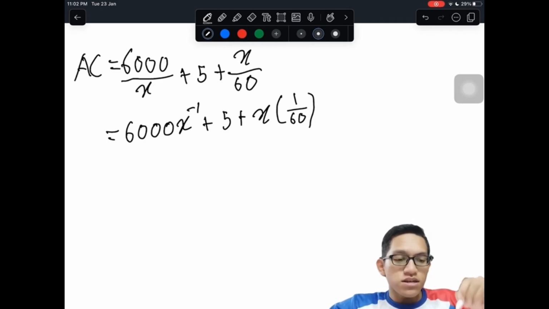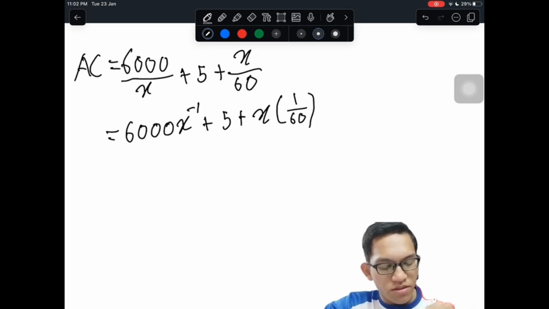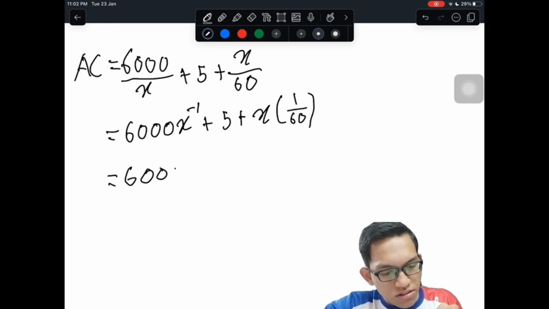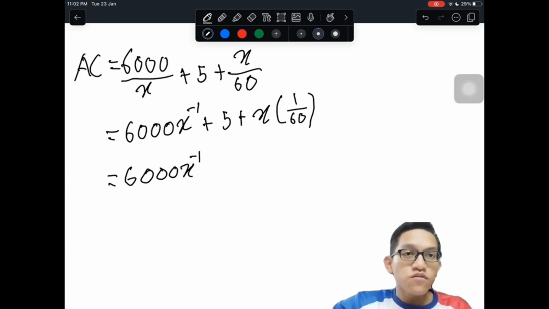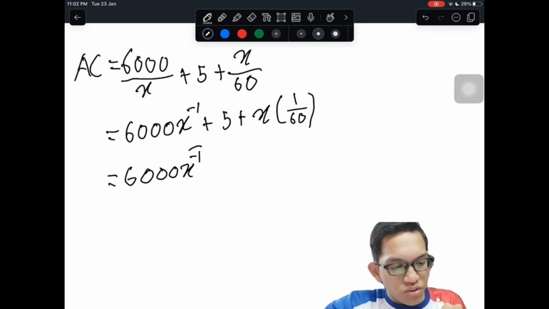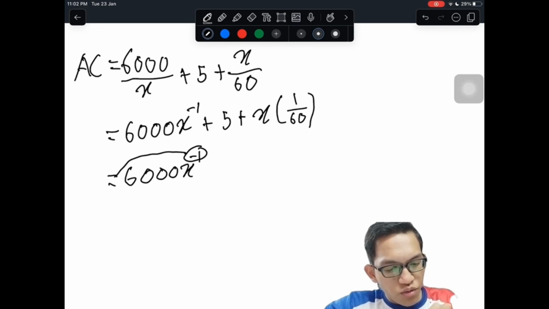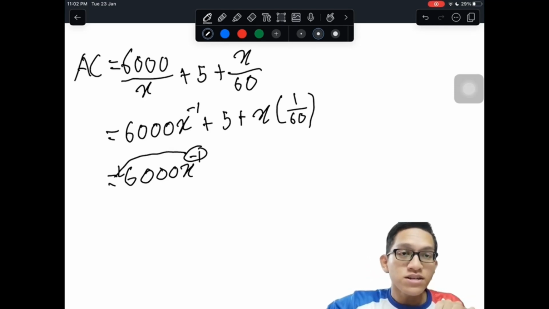Then we differentiate the average cost function. To differentiate 6,000 x to the power of negative 1, we need to bring the power in front and multiply it by the 6,000.